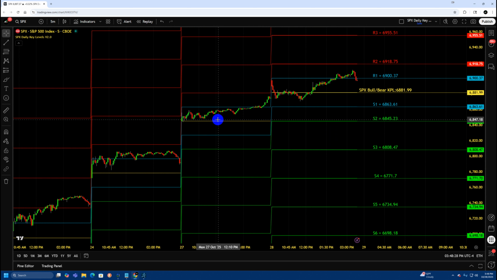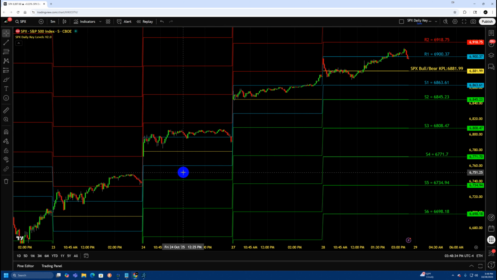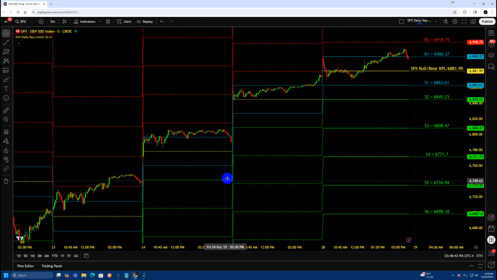And what you'll see is that, for example, lately we've been having a lot of gap up days from the previous day. So the first bar here is going to be the 9:30 bar. This is the close from yesterday. So when you see this type of transition here, that's the new session. So each one of these is a session.